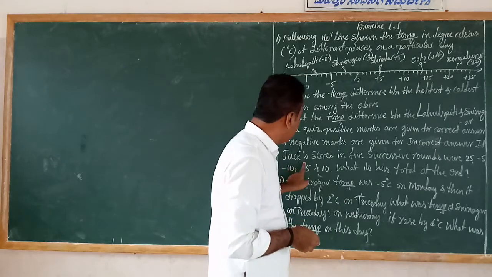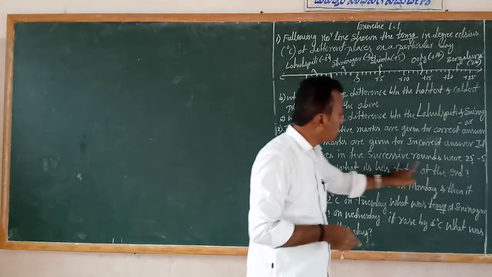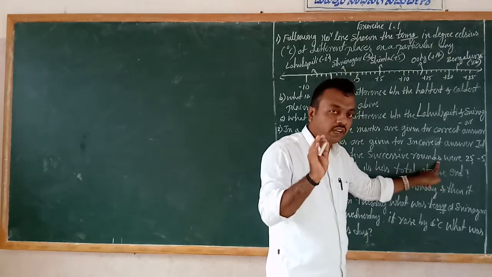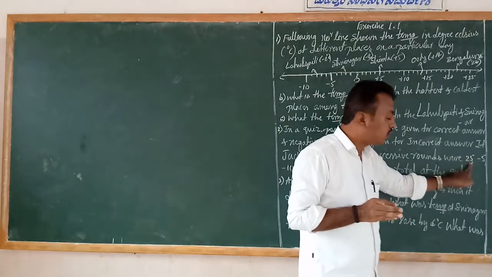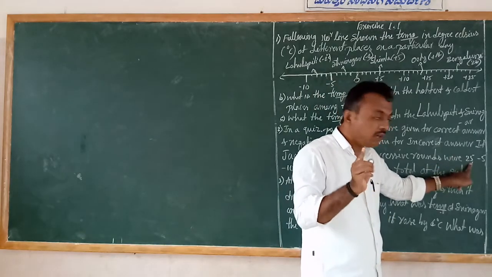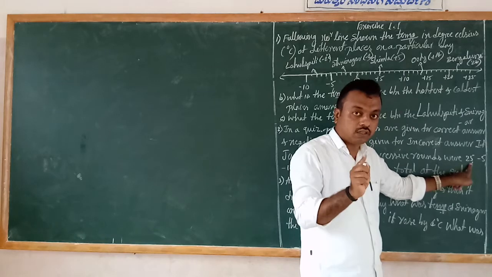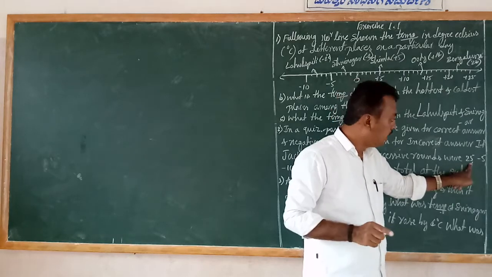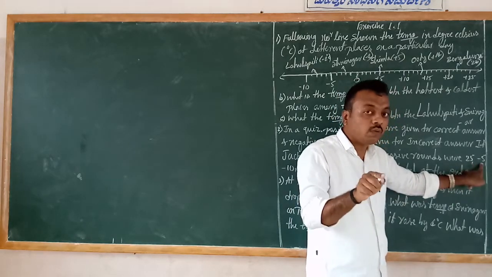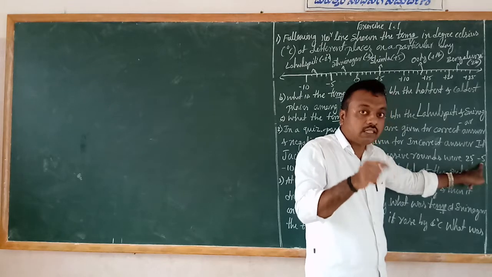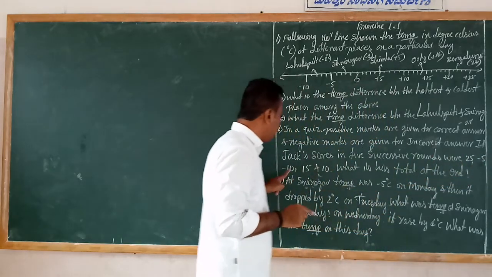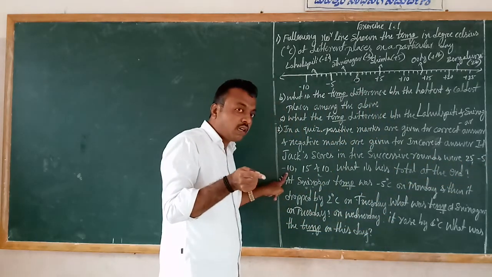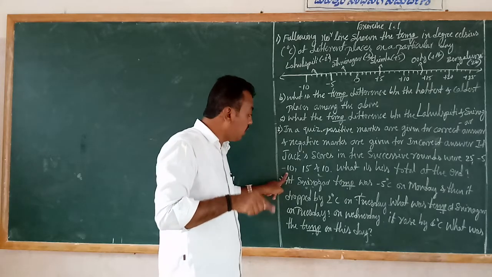See, in that, Jock scores in 5 successive rounds. So 5 successive rounds are there. In the first round he got 25 marks. In the second round, minus 5, that means 5 marks are lost. Then in the third round he gained 10 marks.